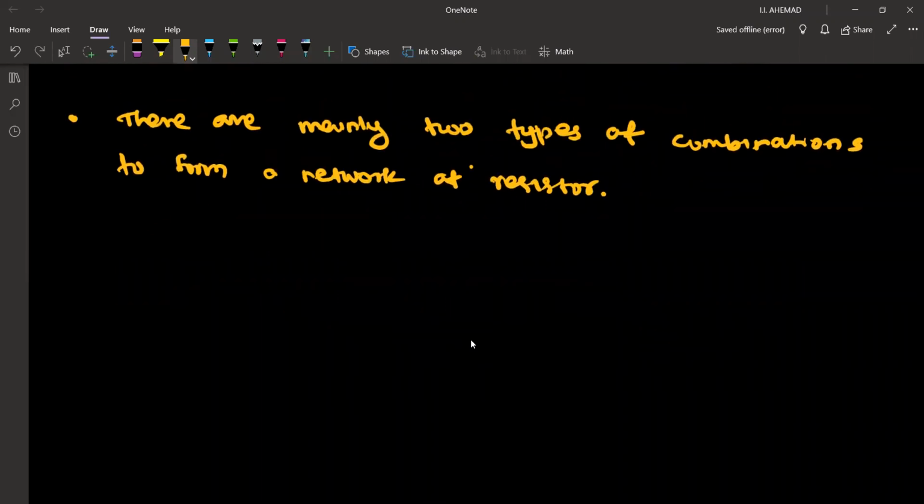So the first one is the series connection, or the series combination.